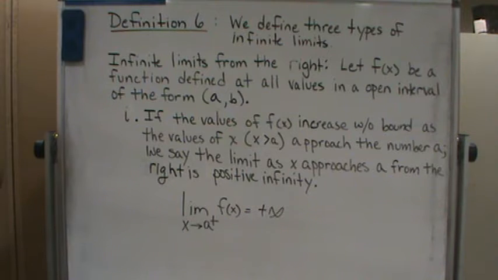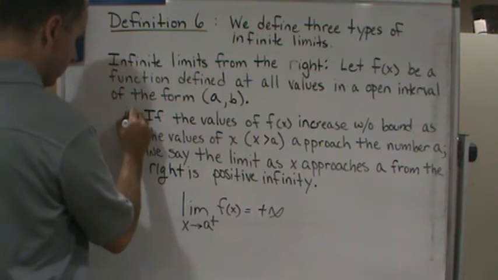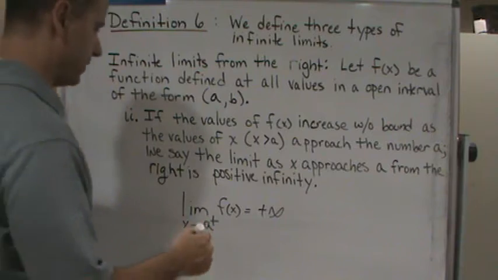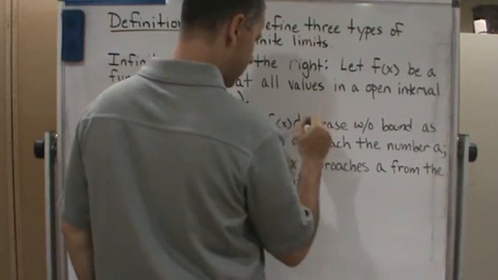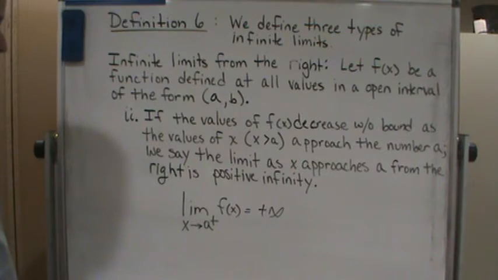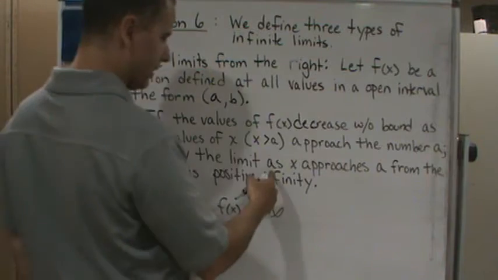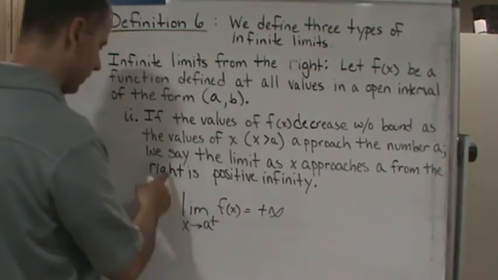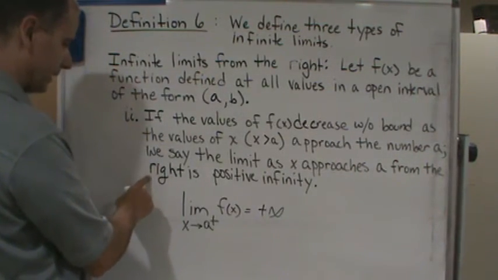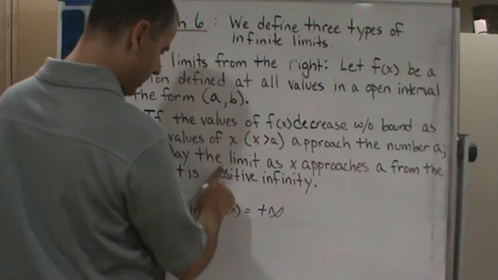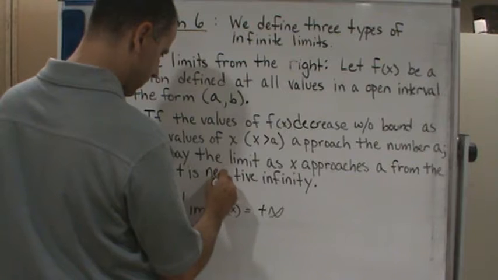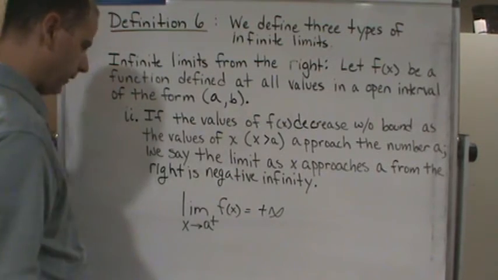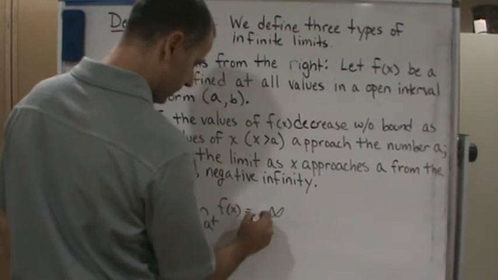Now, again, in the second case, what if it decreases without bound? If the values decrease without bound as the values of x approach the number a from the right, we would say the limit as x approaches a from the right is negative infinity, and we would write it this way.